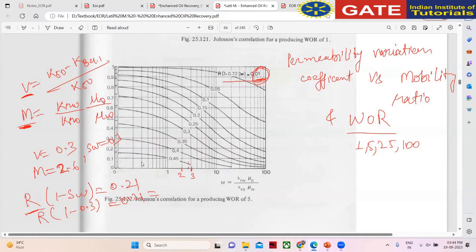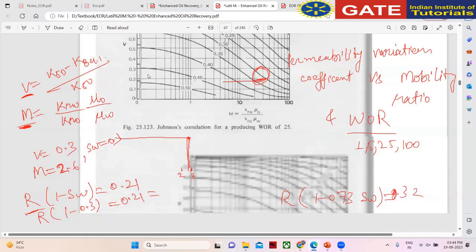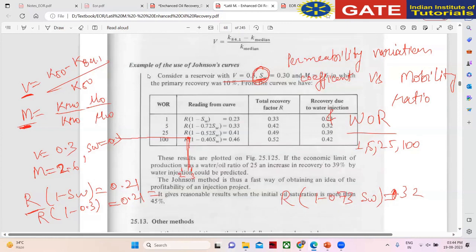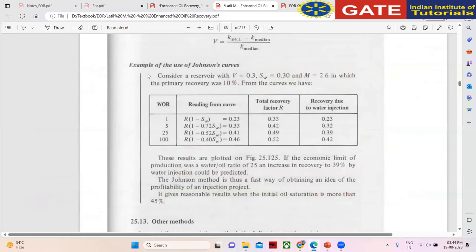So 3 will be here and this will be your 2.6. So in that case, your equation will be R equal to 1 minus 0.72 SW, and this point will be 0.32. Okay. So you calculate your recovery factor using that curve. Okay. Got it?